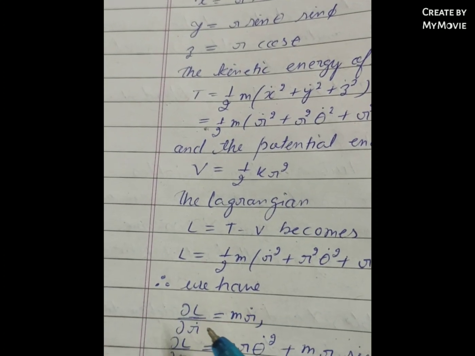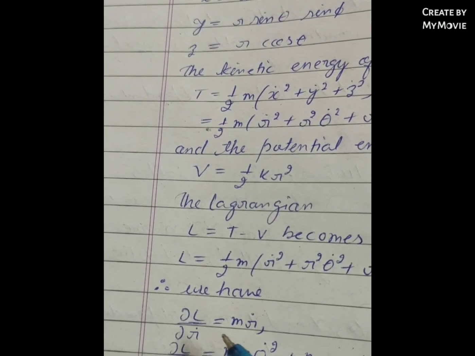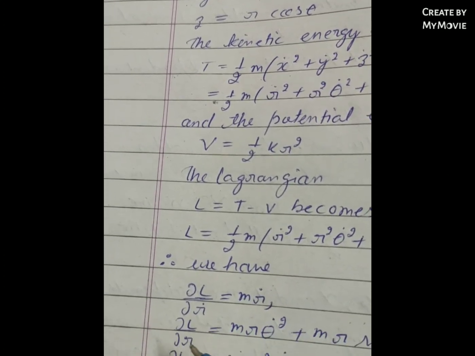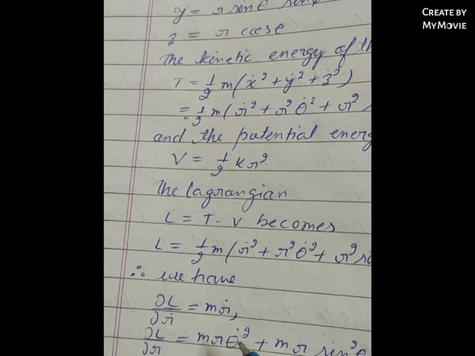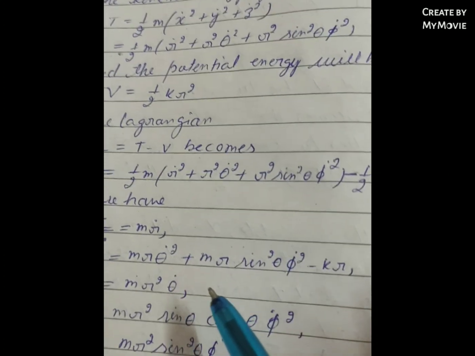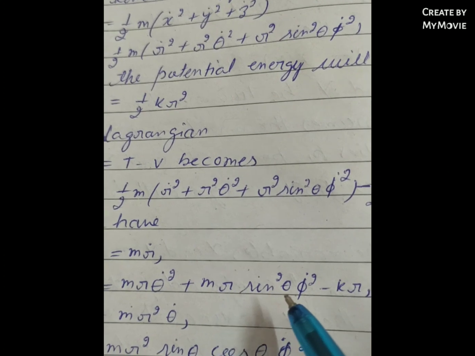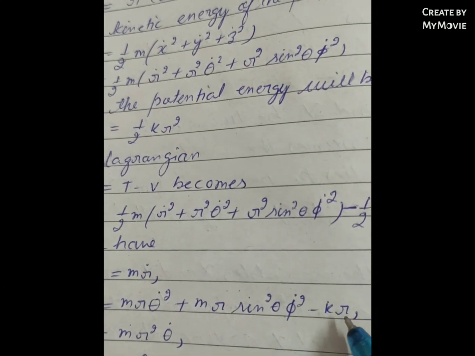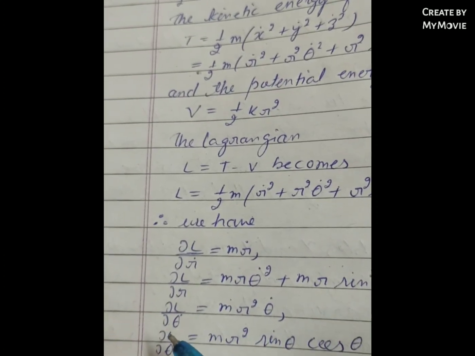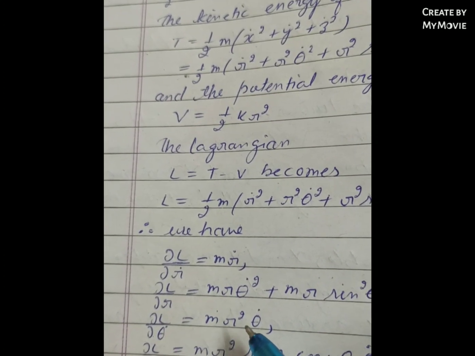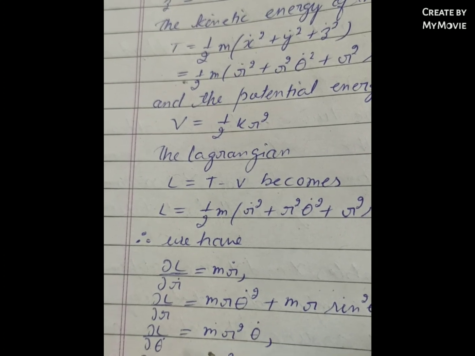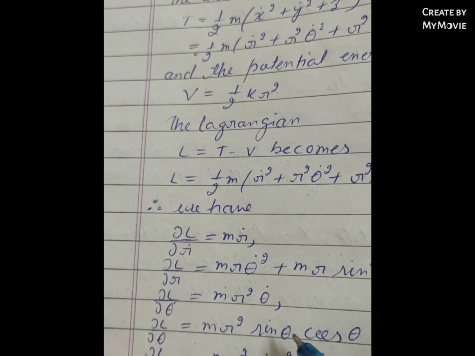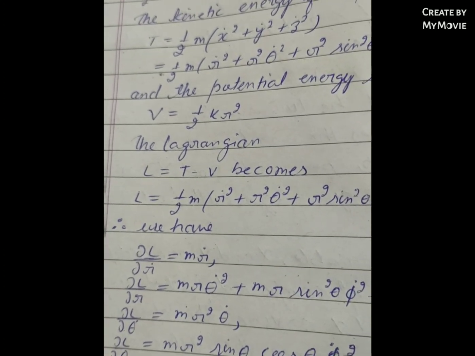So we have del L upon del r dot is equal to m r dot, and del L upon del r is equal to m r theta dot squared plus m r sin squared theta phi dot squared minus k r, and del L upon del theta dot is equal to m r squared theta dot, and del L upon del theta is equal to m r squared sin theta cos theta phi dot squared.